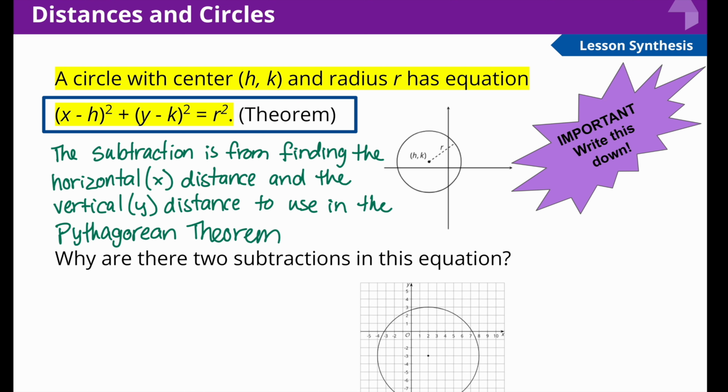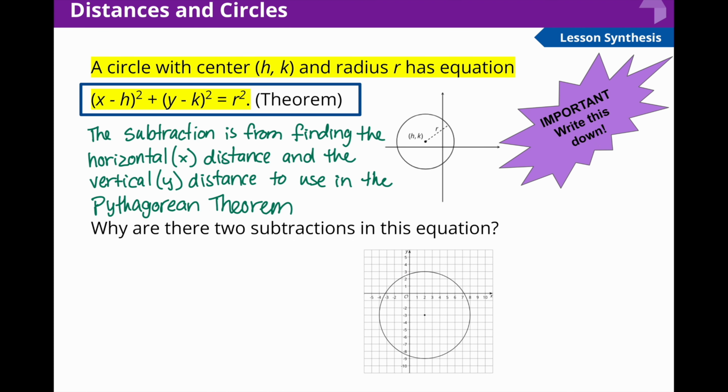And basically, you can think about it this way. If we have that exact equation there, this is really a squared plus b squared is equal to c squared. We're just writing them with different letters. We want our c to be the length of the radius.